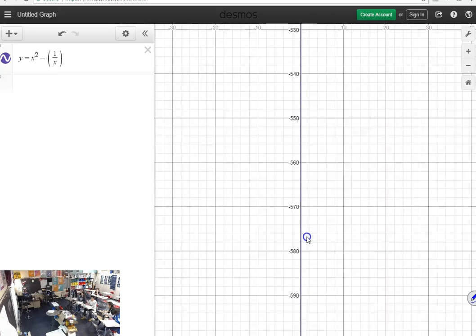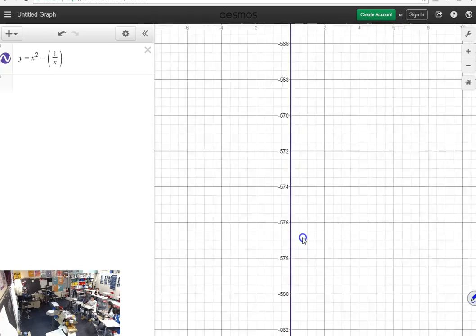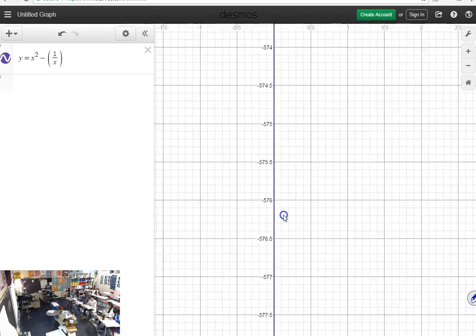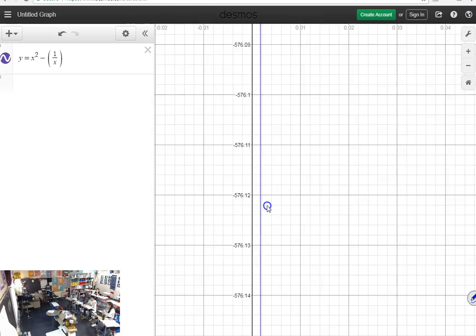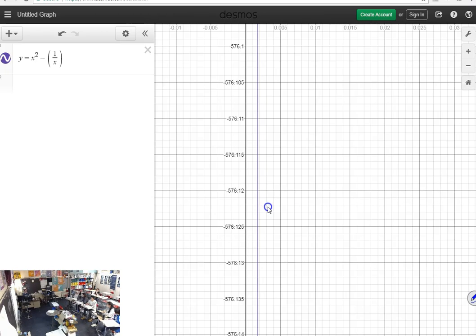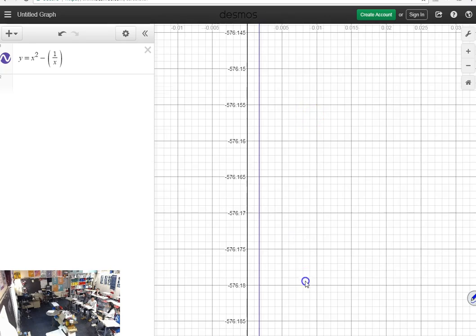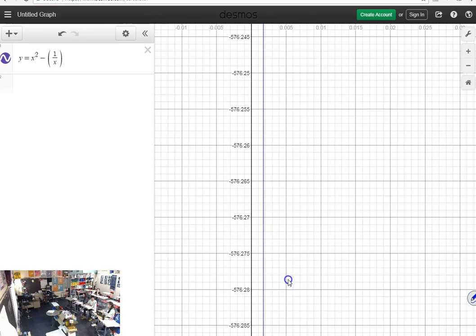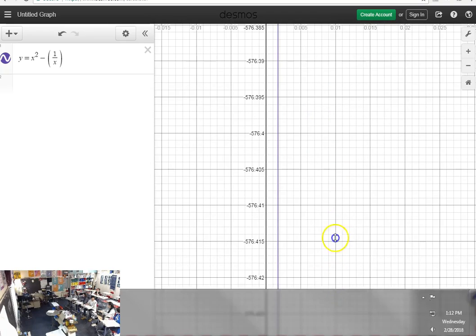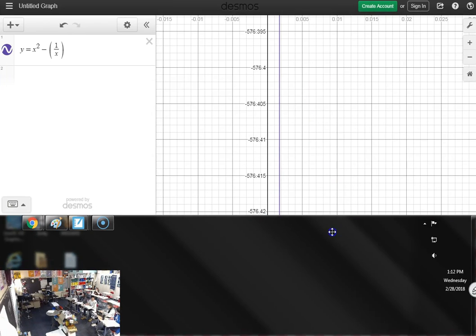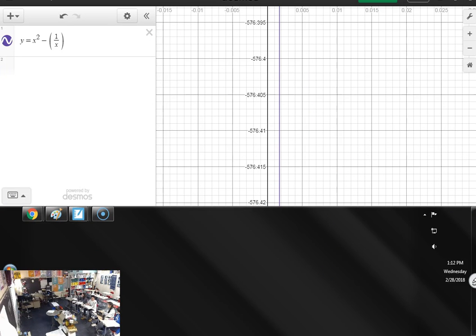I'm at like negative 500. This is not touching the y-axis. You have to get infinitesimally small to be able to see the distance between them. Keep going down. It'll get infinitely closer. Well, yeah, but not for a long time. Hey, will it ever get to infinity? I do not know.